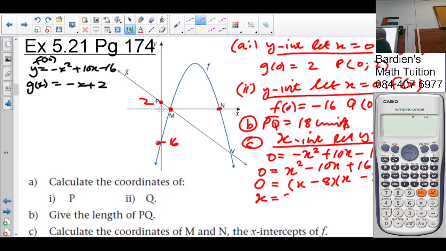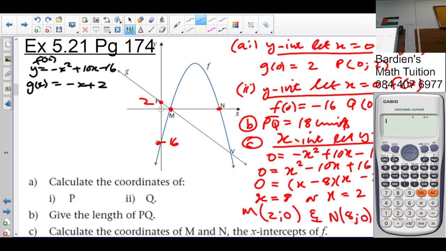So x is equal to 8 or x is equal to 2. See that, people? So what's the coordinates of M? 2 and 0, and N, 8 and 0. Not so?